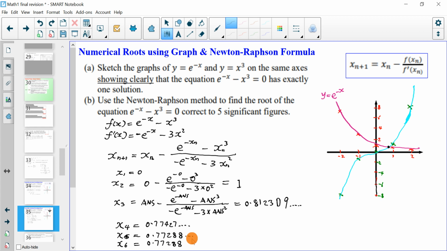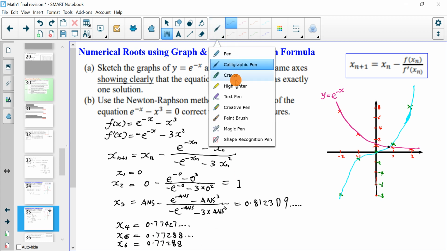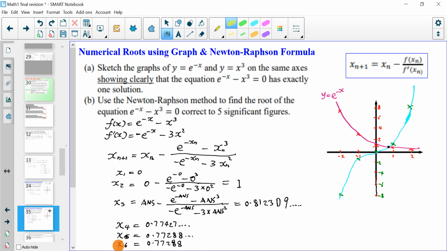The rest of the digits are a little bit different, but for 5 significant figures, they actually stayed the same. So I conclude that is my Newton-Raphson numerical approximation solution accurate to 5 significant figures.